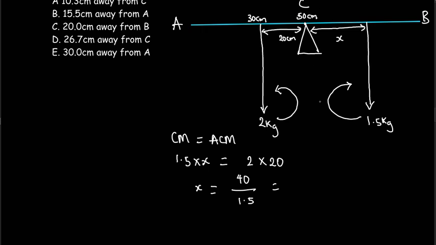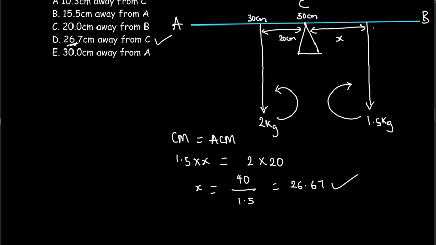And if we simplify further, we'll find that our answer is approximately, just press your calculator to get it. You can just press your JAMB calculator and you're going to get 26.67. Oh, I can already see an option that has 26.7. So 26.7 is the correct answer. This distance from point C, 26.7 cm away from C, is the correct answer.